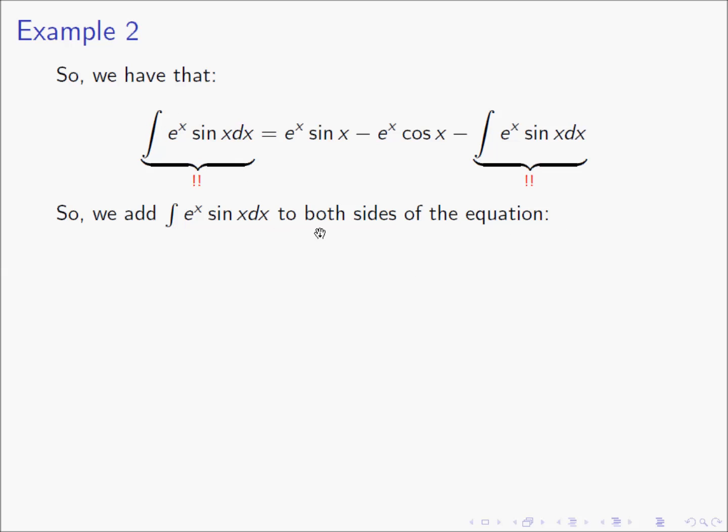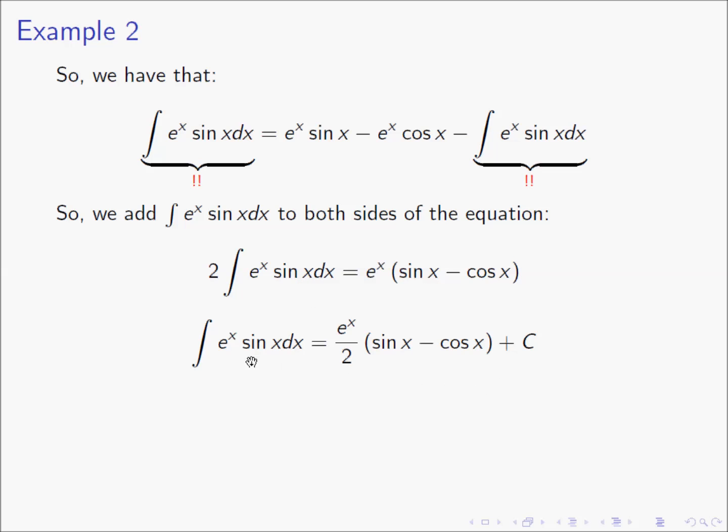So we add this integral to both sides, and on the left side we get 2 times the integral, and on the right side we get, instead of the integral, 0. We can factor the e to the x in this expression, and we now divide both sides by 2, and get that this integral equals this function plus c, and that's the answer.